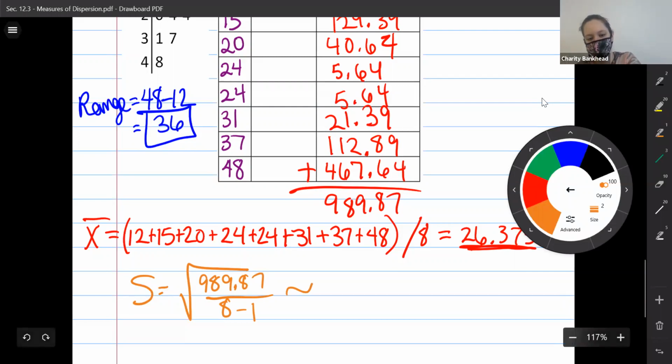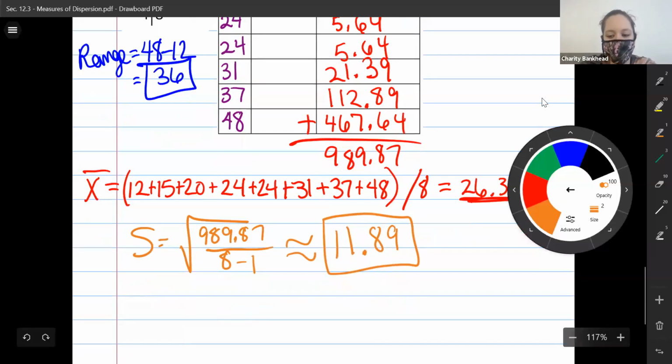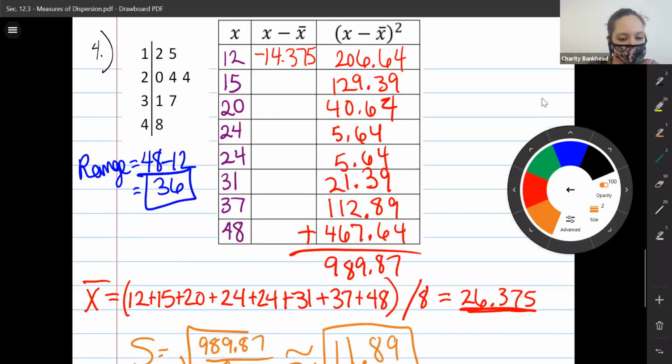And that's approximately equal to 11.89. So the higher the standard deviation is, the more spread out your data is. All right, so that's the end of 12.3.